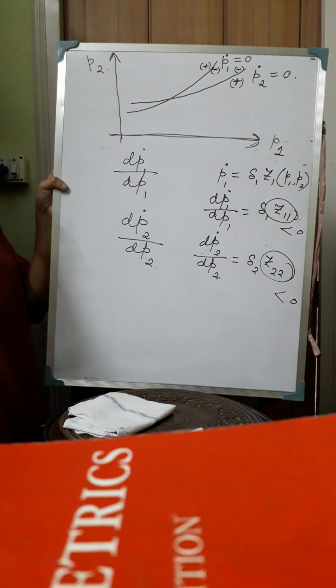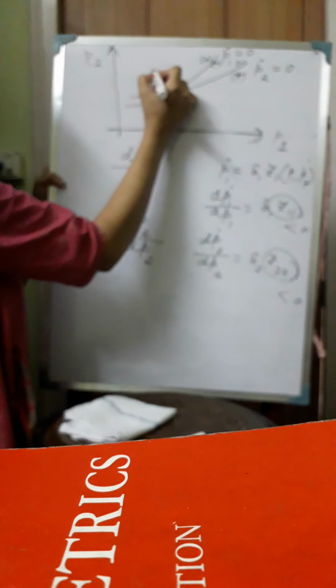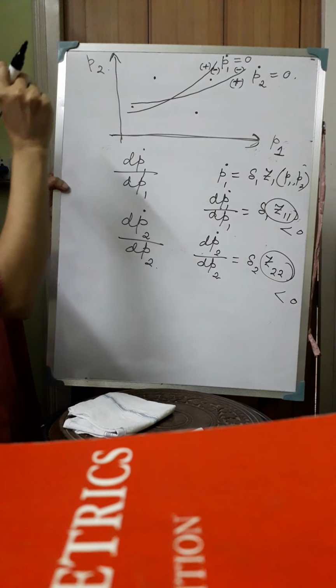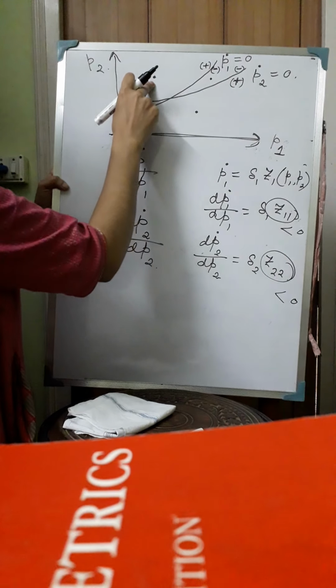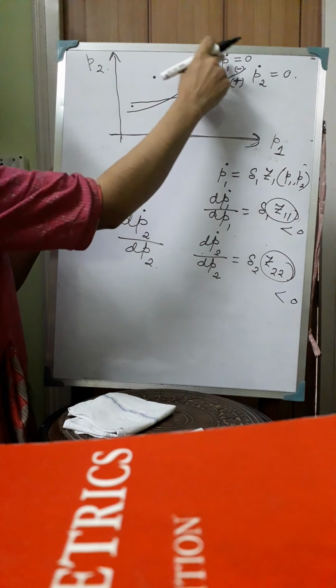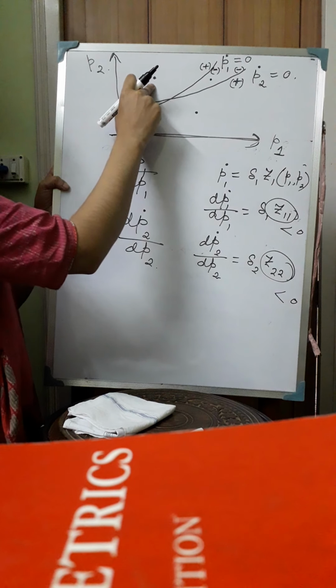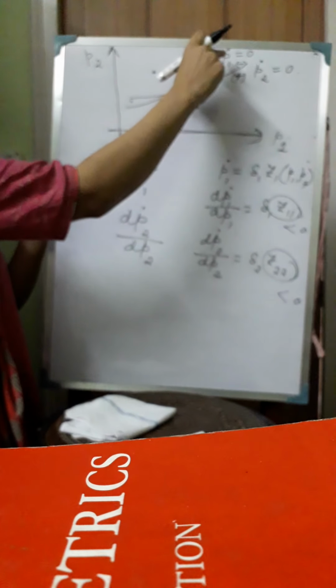Now for determining the stability of this intertemporal equilibrium, we have to consider 4 different points, and examine in which direction the resultant path will proceed. So if we consider this point, we are to the left of the P1 dot equal to 0 curve. So here P1 dot is positive at this point. For stability, P1 dot should be equal to 0.